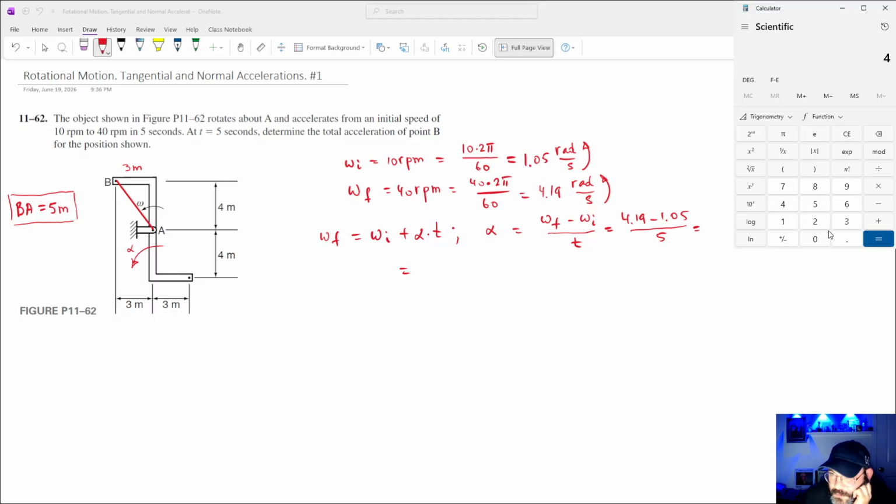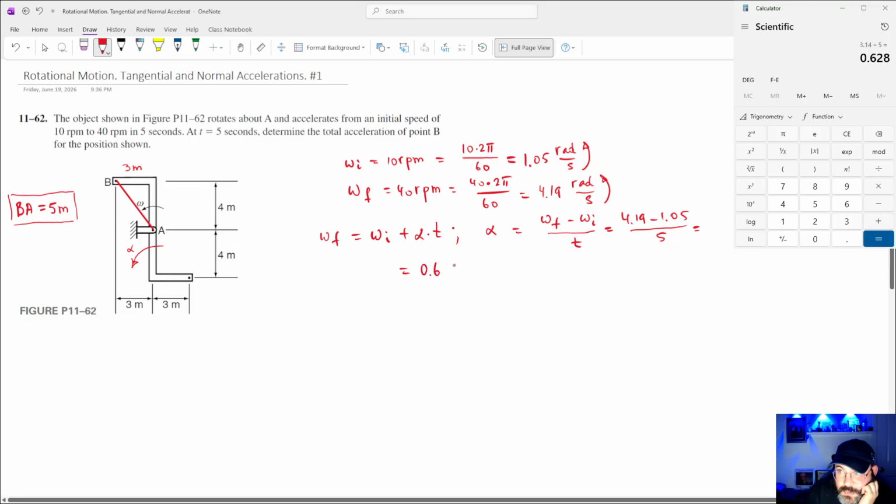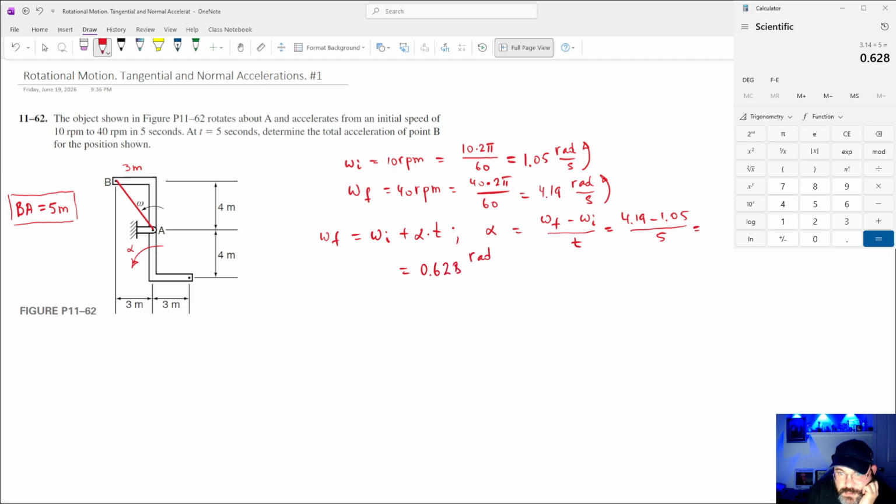So it's 4.19 minus 1.05 divided by 5. 0.628 radians per second squared, and this is also counterclockwise, right?